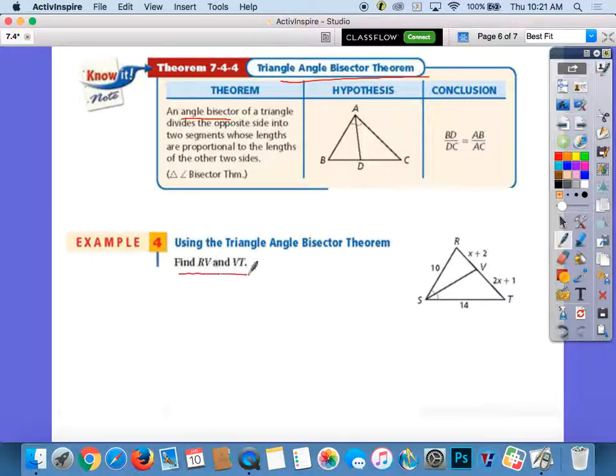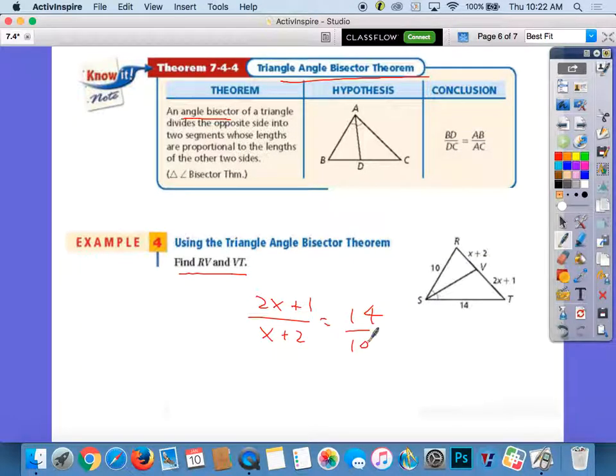Okay, so let's see if that helps us when we get down here to our example. We want to find RV and VT. Okay, so here's your RV and your VT. We're solving for X. So it's telling me that it's an angle bisector, so I'm going to use my angle bisector theorem. So I know that left over, or excuse me, we'll say bottom over top is going to equal bottom over top.